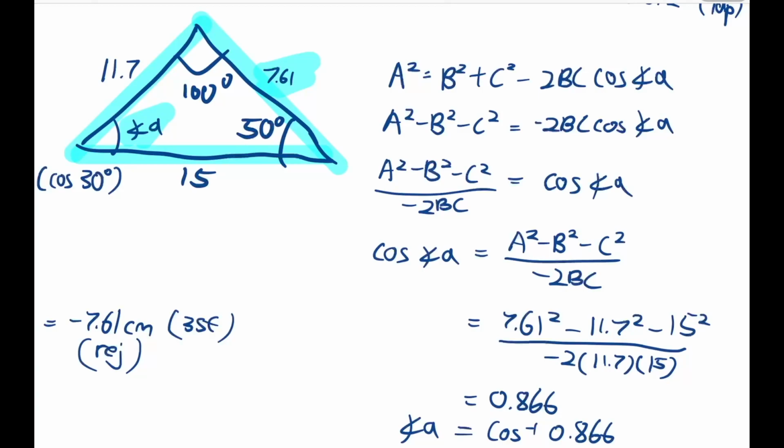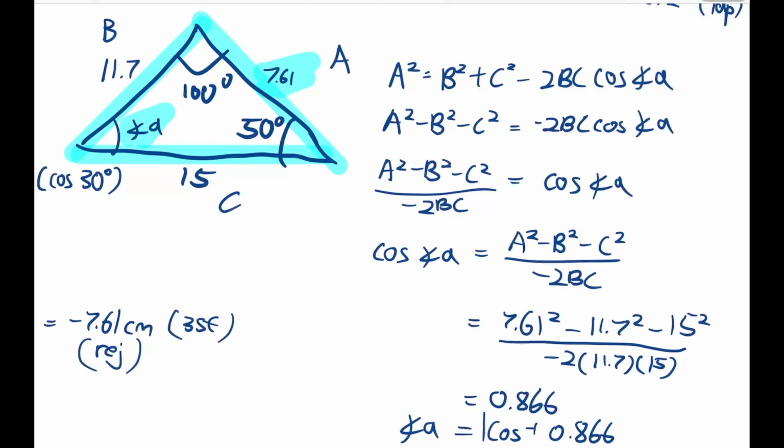So over here, I let this length be B, and let this length be C, and this length is A. That's why you will see 11.7 here in the place of B squared, and you will see 15 squared here in the place of C. So then negative 2BC, right? And then put this whole thing into your calculator, you get this. And then to get angle A, you just have to do a cosine inverse to get rid of this cosine over here.